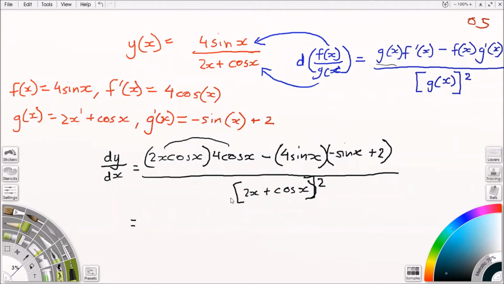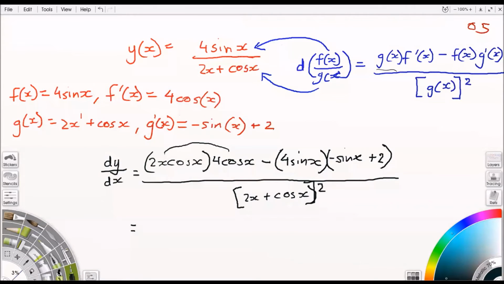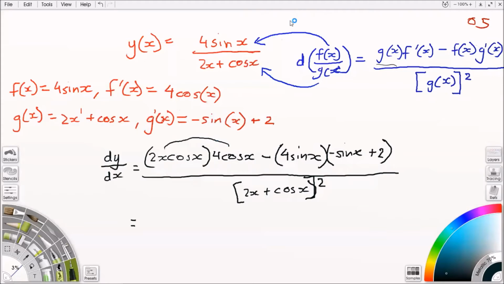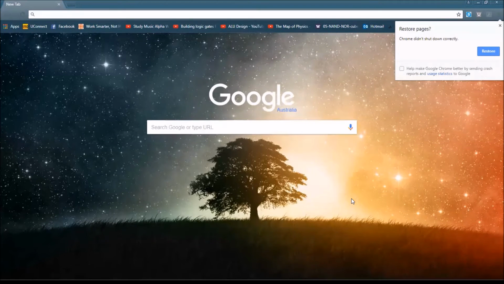I need to open Chrome. Symbolab. Share Chrome, share screen. There we go.